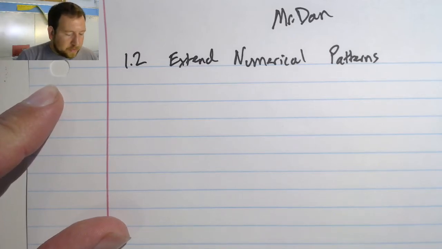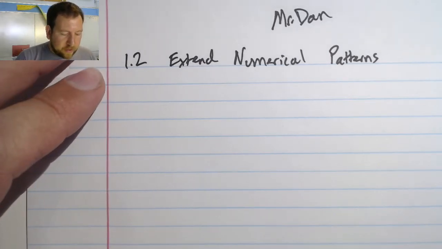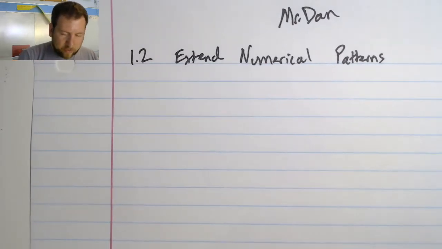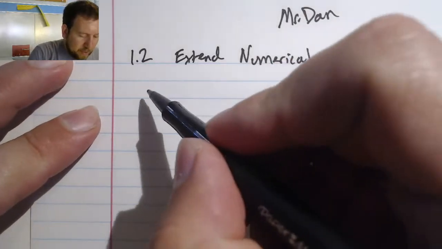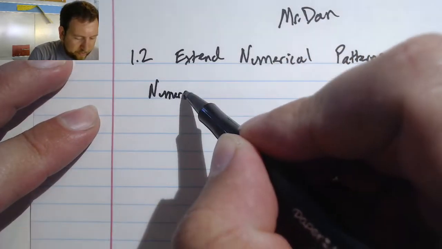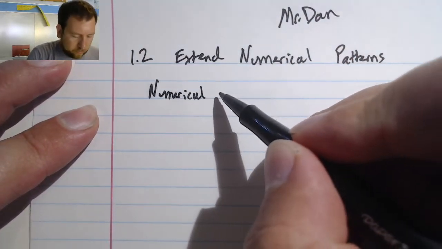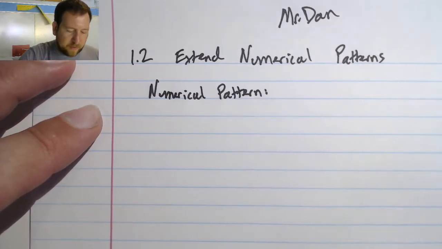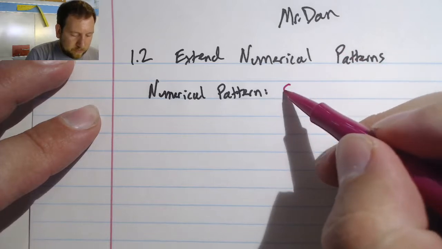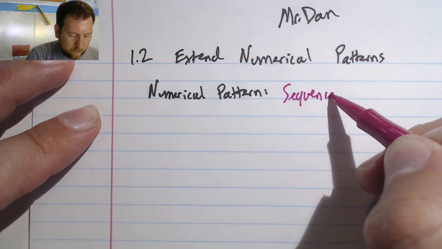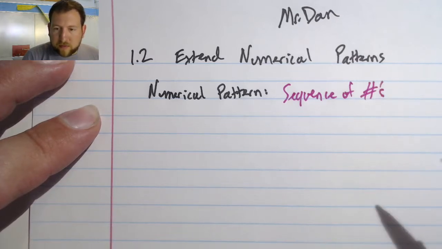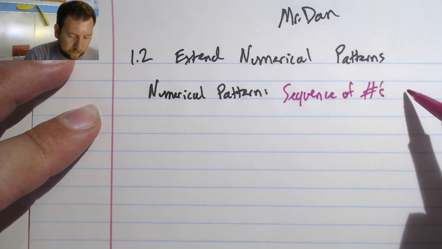All right, I want to talk about section 1.2, extend numerical patterns. Okay, we're going to continue talking about those numerical patterns like we did last time. And remember, a numerical pattern is simply a sequence of numbers that has been created using a pattern rule.